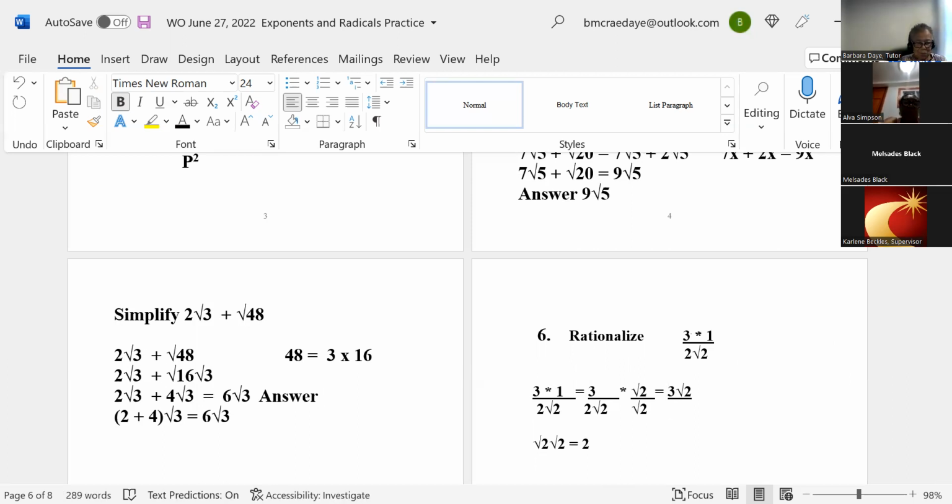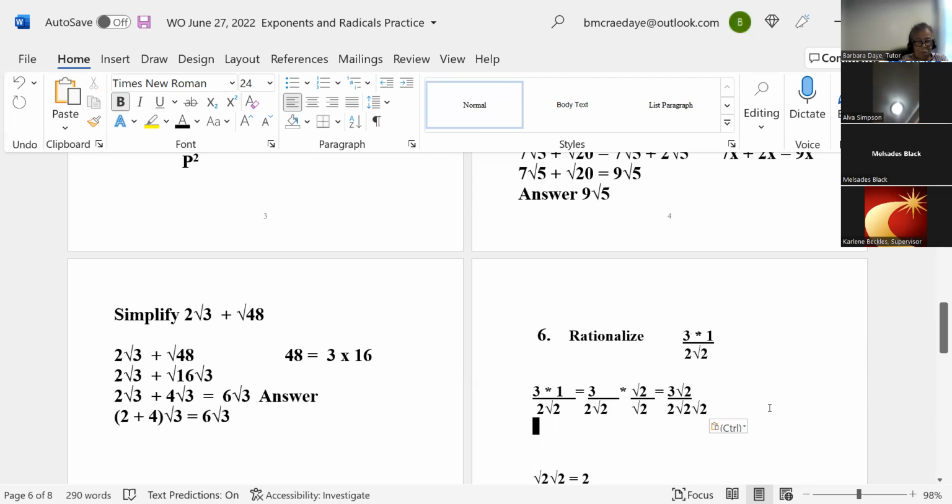No, that's 2 times square root of 2 times square root of 2. Mercedes, what's that equal to? Alva, what would you say? No. Let me just put it here, square root of 2, and put that there again.